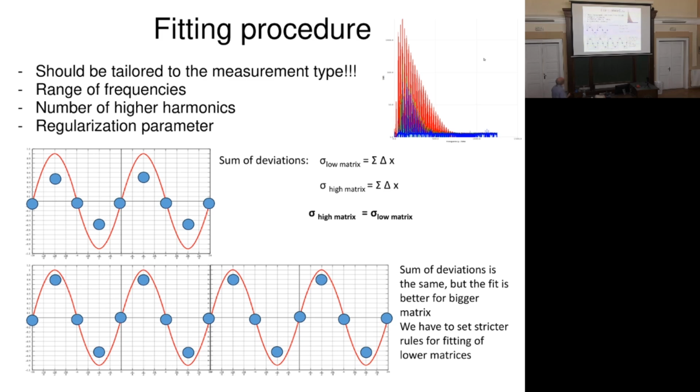And so if you use different matrices, then you should use a different regularization parameter. And what we found out, just by practical testing, is that if we have lower matrices, we should use stricter rules for fitting, which means a lower regularization parameter.